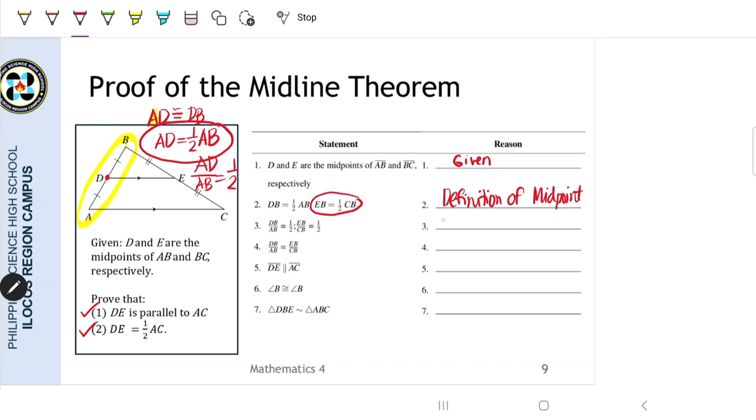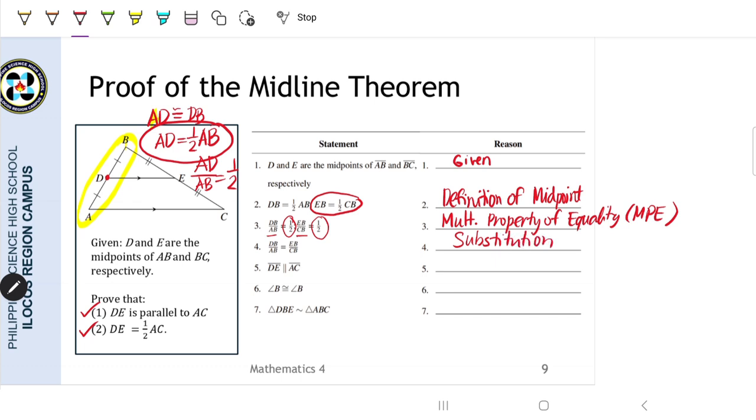So our reason for saying that is because of the multiplication property of equality, or commonly known as MPE. And for statement 4, DB over AB equals EB over CB. Since pareho silang 1/2, we can equate the two. Okay, so our reason for that, substitution.